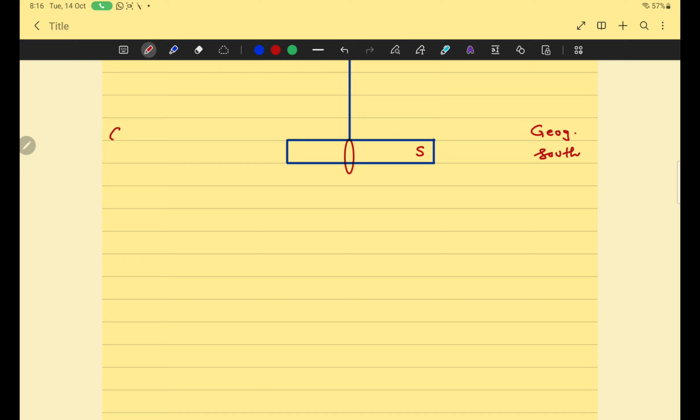The other end, which always points towards the geographical north of the earth, is called the north pole.